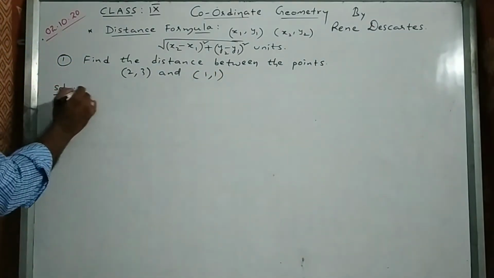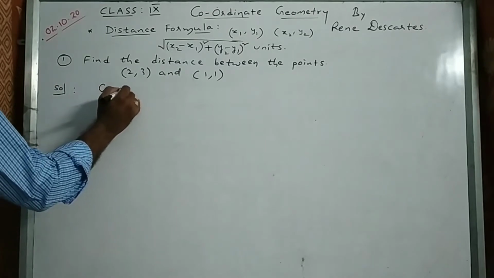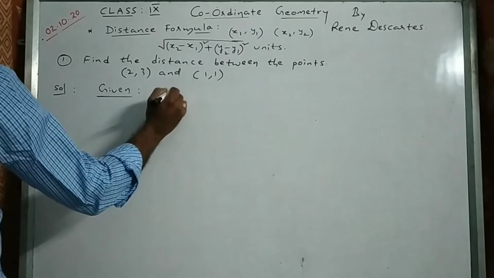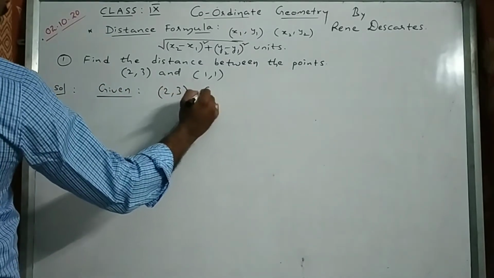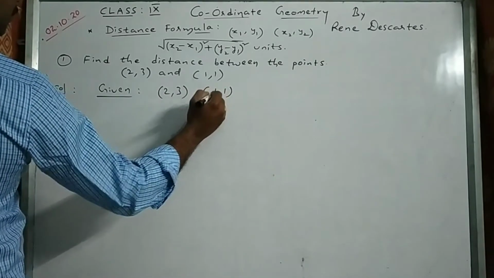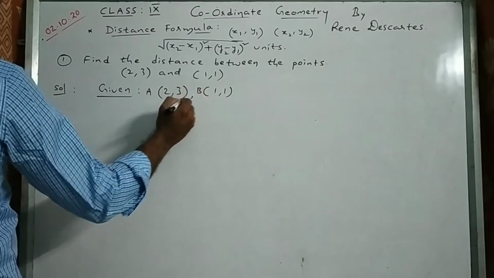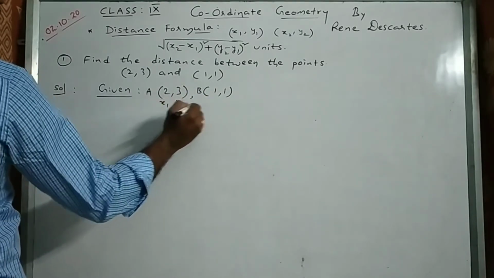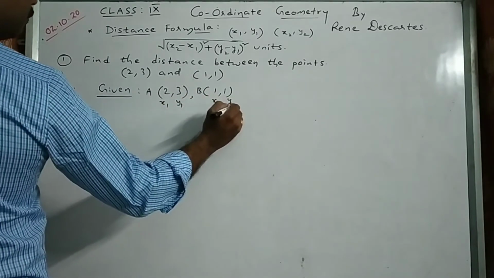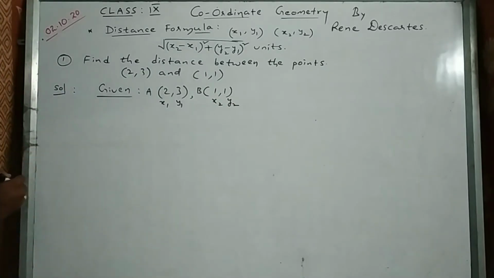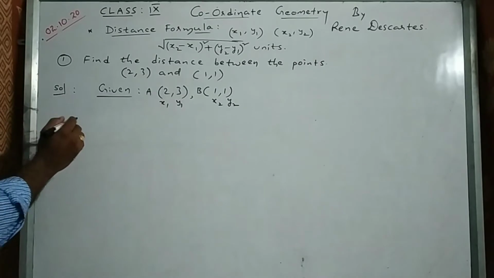I told you the proof in the previous class, watch that. So 2 points are given: 2 comma 3 and 1 comma 1. Let me take this as A and this as B, with x1, y1, x2, y2. I am going to find the distance between the points 2 comma 3 and 1 comma 1.